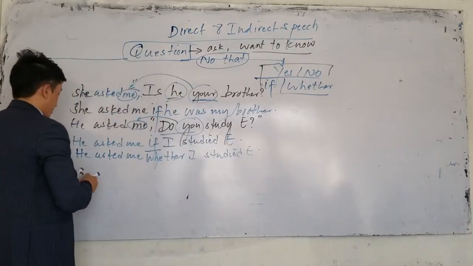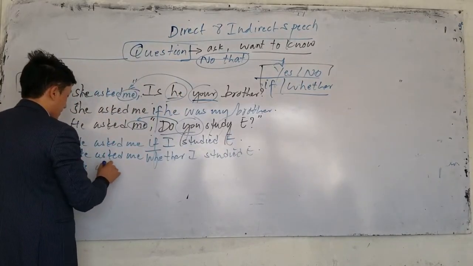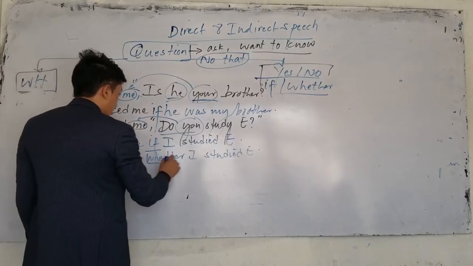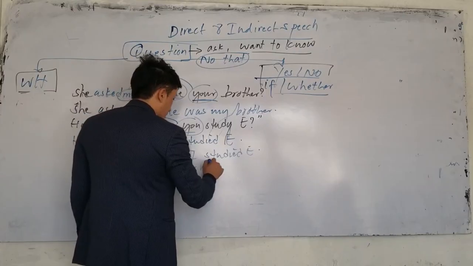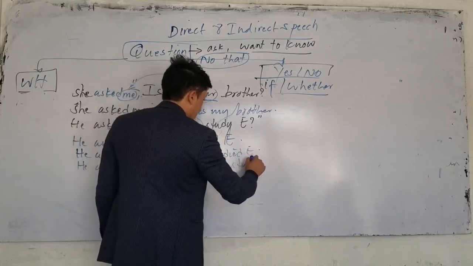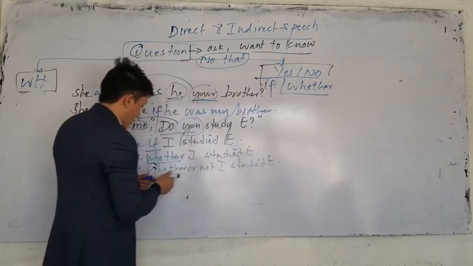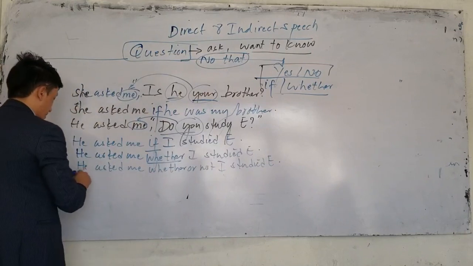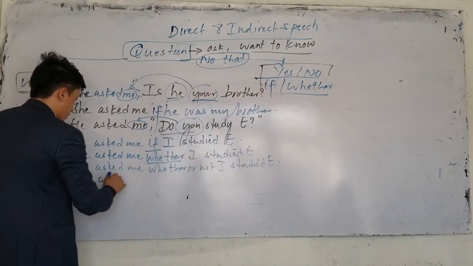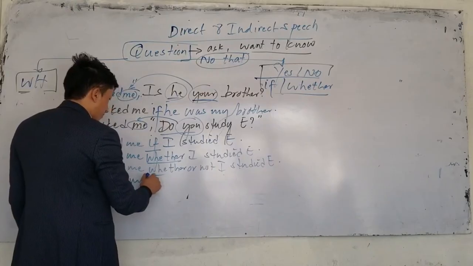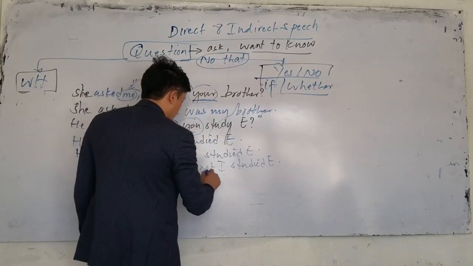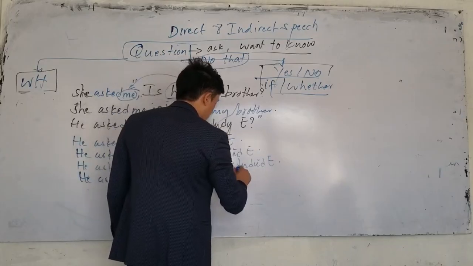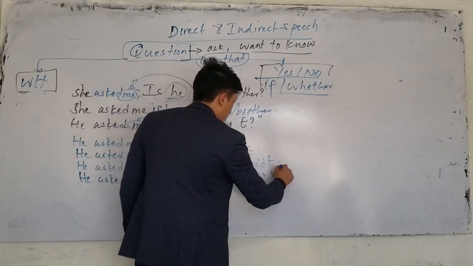Another way we can also say, what did we say? He asked me. We can use what? Whether or not I studied English. Or I can also say he asked me whether, again, whether I studied English or not.